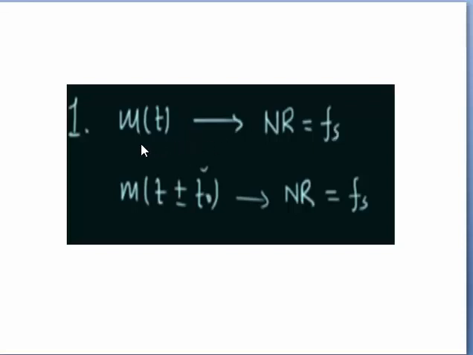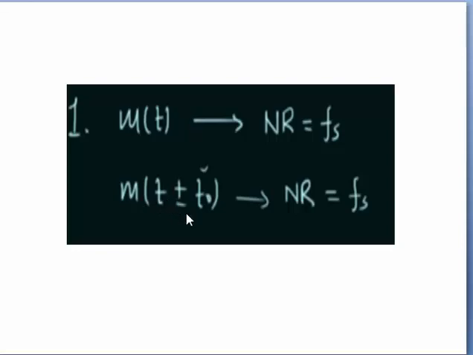m of t is a message signal or time domain signal. If we perform the time shifting operation on m of t, we will have a time shifted signal m of t plus or minus t naught. The first case, m of t plus t naught, is the case of left shifting. We are shifting m of t towards left by t naught.